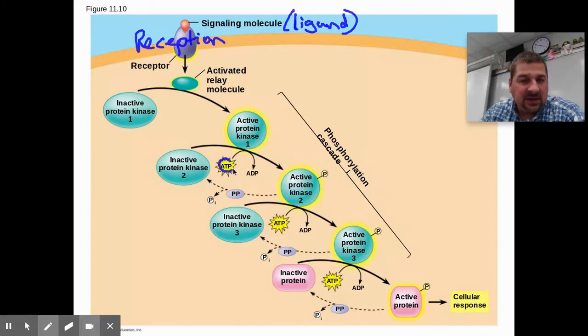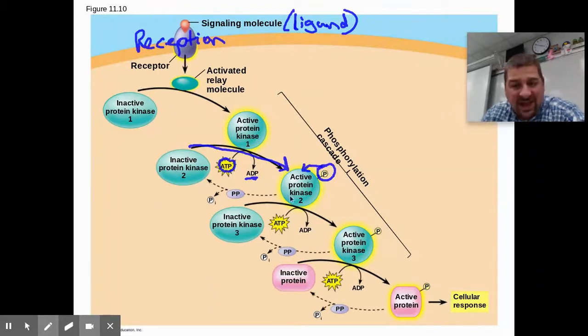Here's our ATP. It's going to remove a phosphate group, so now you just have ADP, and that's going to go to protein kinase 2. If you look over here, here's our phosphate group. Once you add the phosphate group, it becomes active.